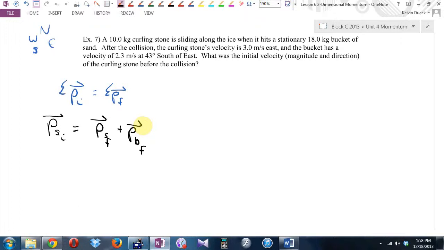I don't? Do I know the final velocity of the stone? Final momentum of the stone. Due east? Yoink. How big is that line? What's the magnitude of that vector arrow?